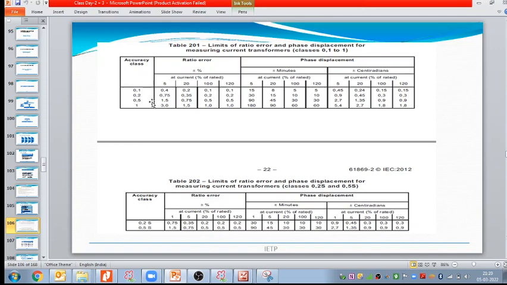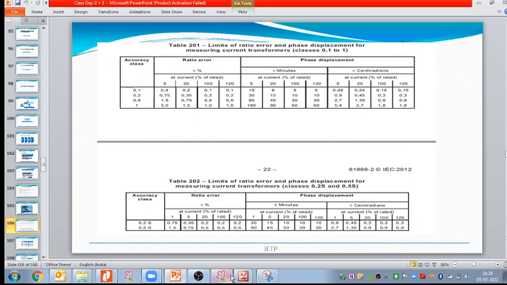But at the same time, if we see the 0.2 S class CT, their range is not 100 to 120, their range is 20 to 120 percentage, and from 20 to 120 percentage they are offering 0.2 percentage of the error, where at 20 percentage they have 0.35 percentage of the error.